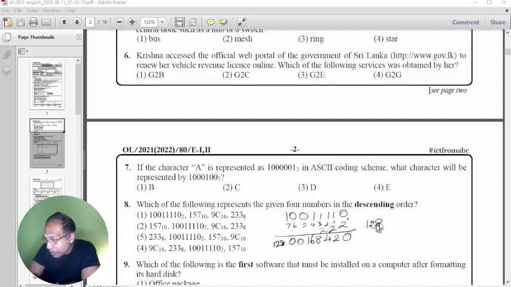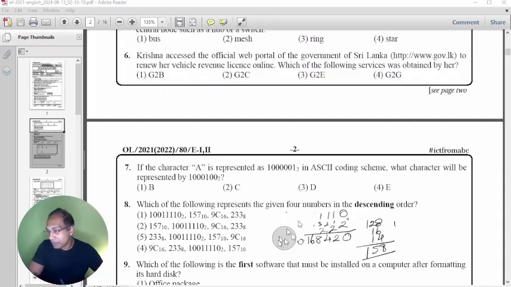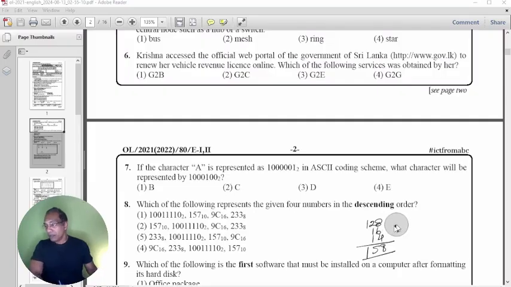So 128 plus 16 plus 8 plus 4 plus 2, that is 158. So binary is 158.